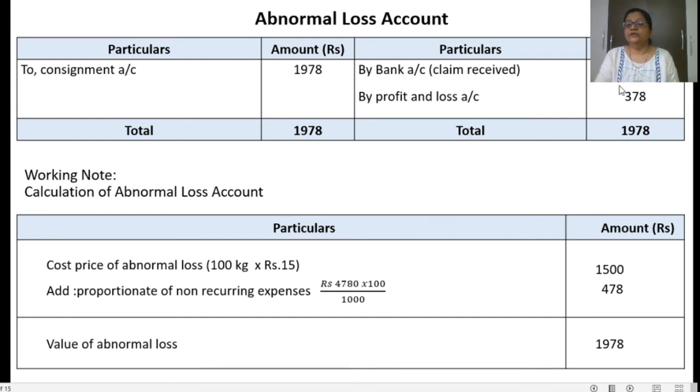Then the total loss is the difference amount. Total loss was 1,978, claim received is 1,600, so the remaining amount 378 is a loss which is to be transferred to profit and loss account. This is called unclaimed amount of abnormal loss transferred to profit and loss account.